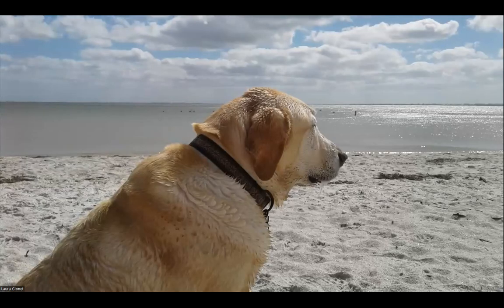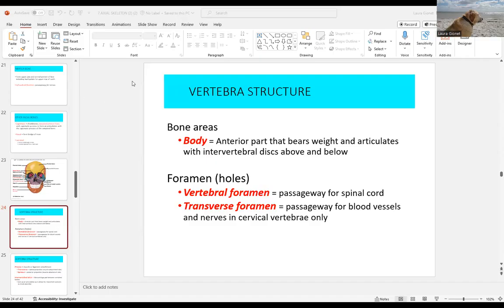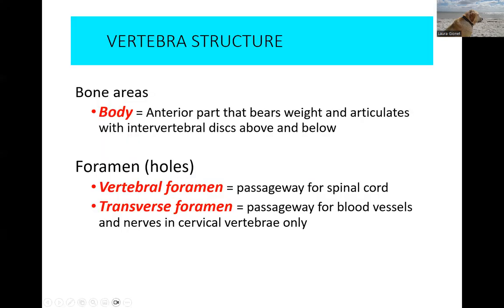Okay, we're continuing with the axial skeleton, and we are now at the vertebra. On vertebra, we often have the same features. Now, there are some exceptions.